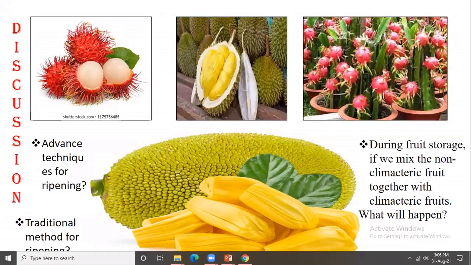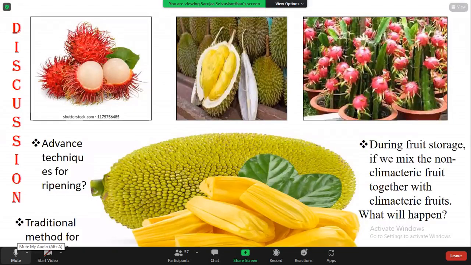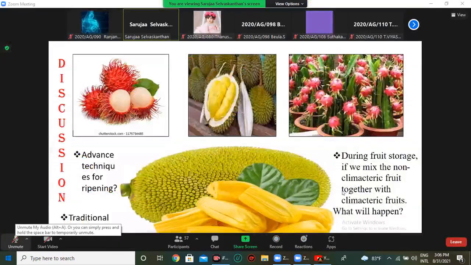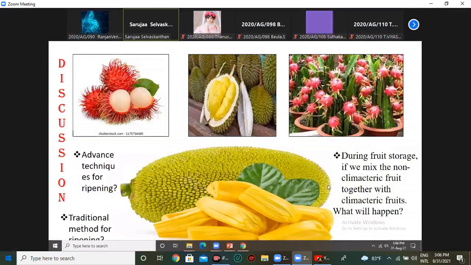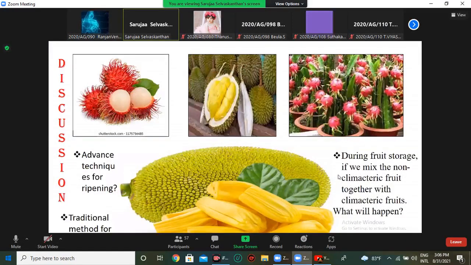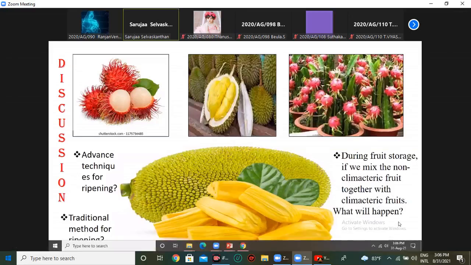Okay, I will explain. During storage, climatic fruits release more ethylene. That ethylene affects the non-climatic fruit, which produces more heat, so the non-climatic fruit automatically gets damaged and cannot be stored for a long period.